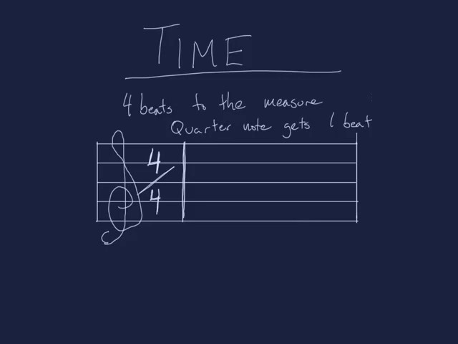So 4 beats to each one of these little blocks of time that you see here. We're calling this one measure. And a quarter note is going to get 1 beat. That's an important thing to keep in mind, because 4/4 time is generally considered to be common time. More music is done in 4/4 time than just about anything else, which makes it easy for us to talk about.